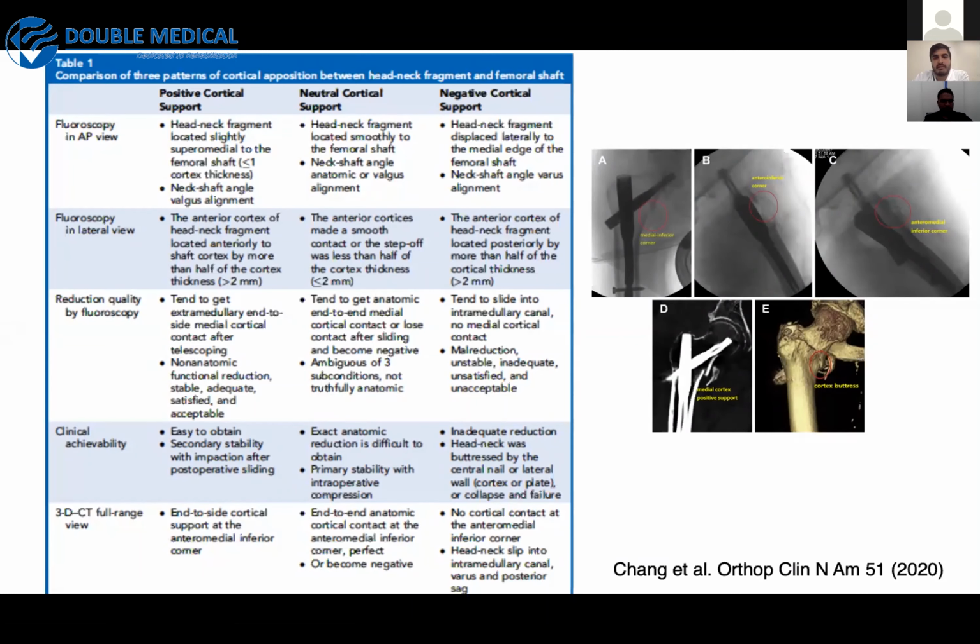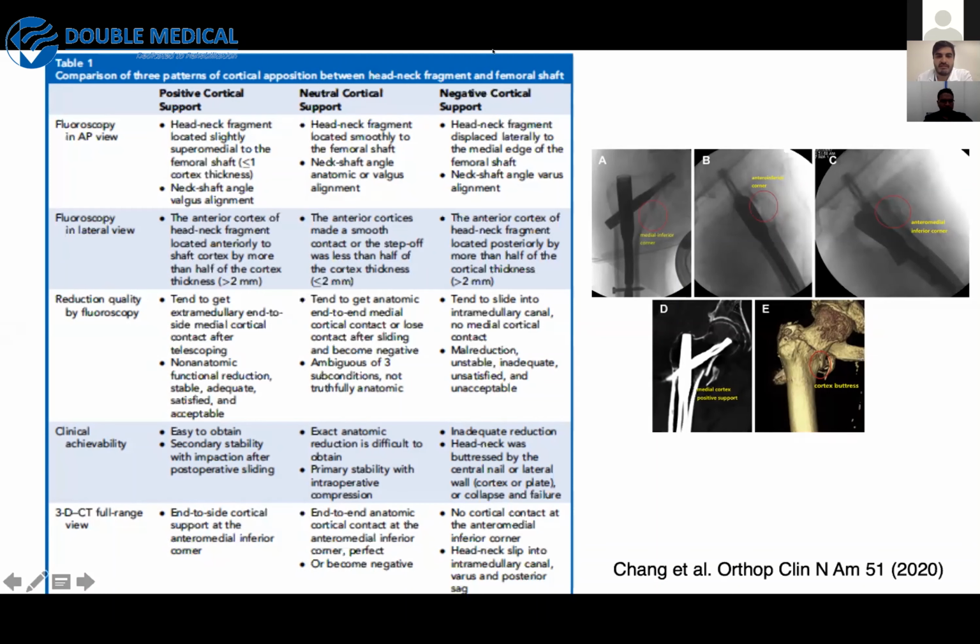When you have neutral cortical support, the head neck fragment is located smoothly to the femoral shaft with anatomic or valgus neck shaft angle. The anterior cortices make smooth contact or a step off less than half of the cortex thickness.